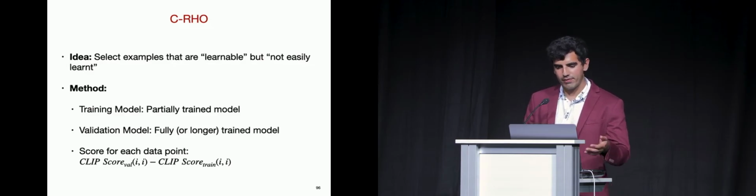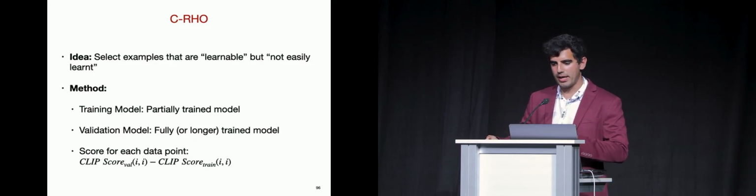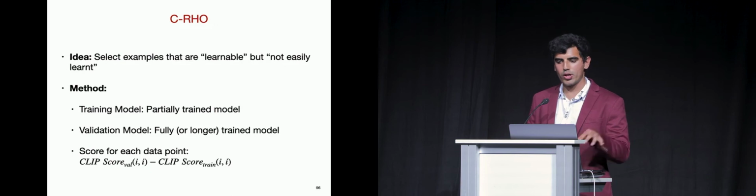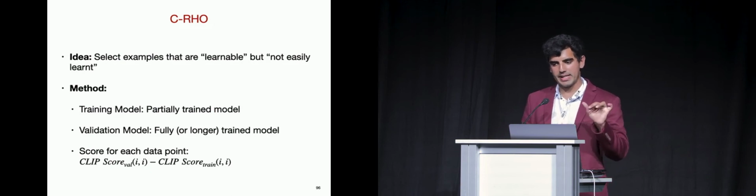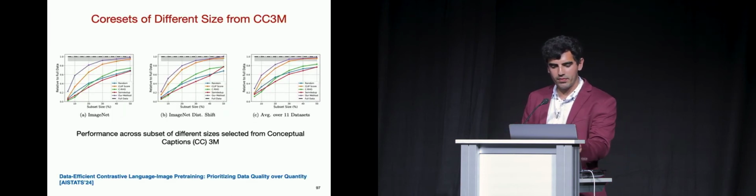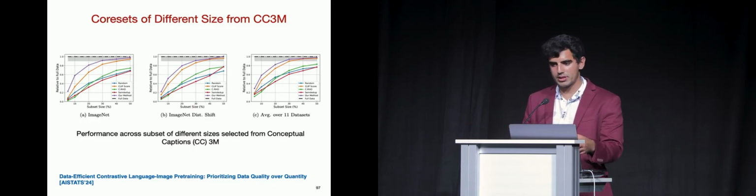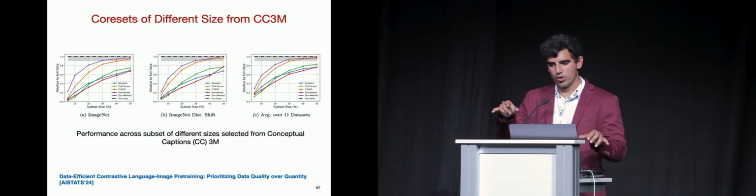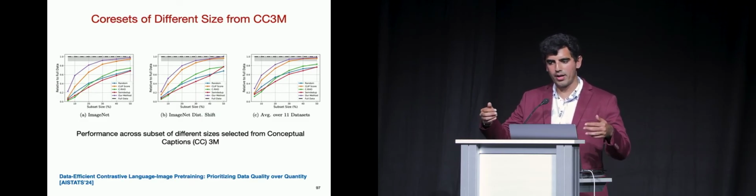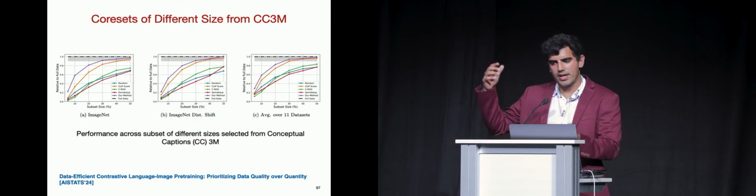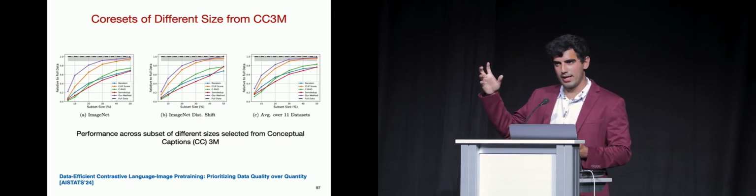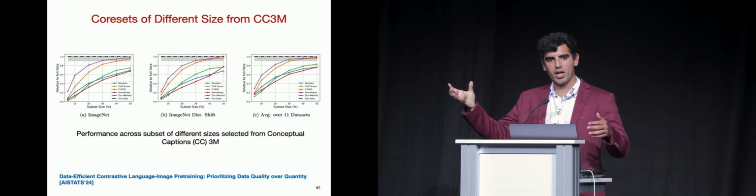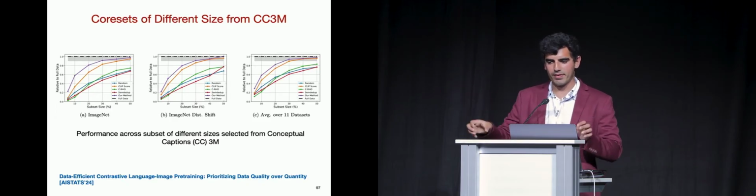So essentially, if under the validation model this image caption pair is very similar, you'll have a high clip score there, which means it is learnable. But if it's not easily learned, then the clip score train, which is the clip score of a partially trained model, will be low. So those are the points you want to prioritize. And this is very similar to the idea we discussed earlier in the dataset cartography paper, where you want to pick points of middling difficulty.